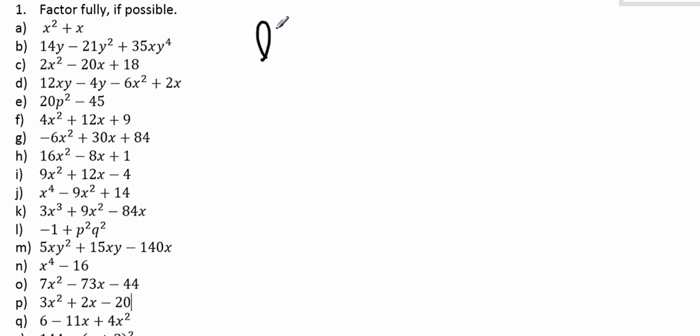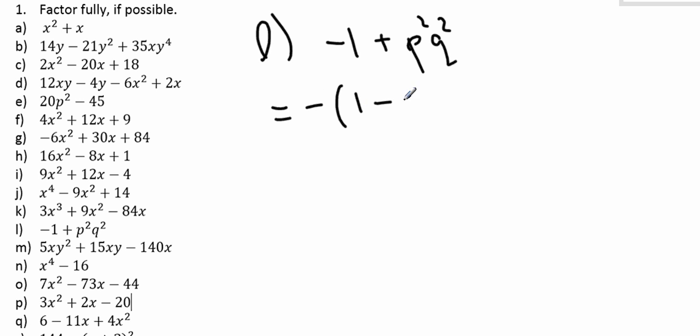After K, L. So even though it looks weird, remember step 1, I don't want to see a negative in the first term. So we're going to factor that negative to the front. And then look at what we have left over. I know it looks weird, but again, if you see a binomial, 2 terms that are subtracted, your brain should be trained to think, is this a difference of squares?